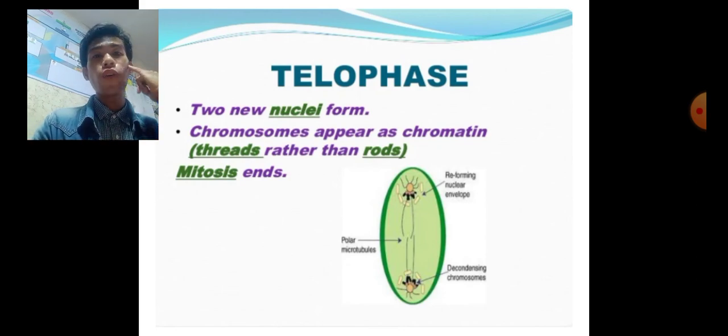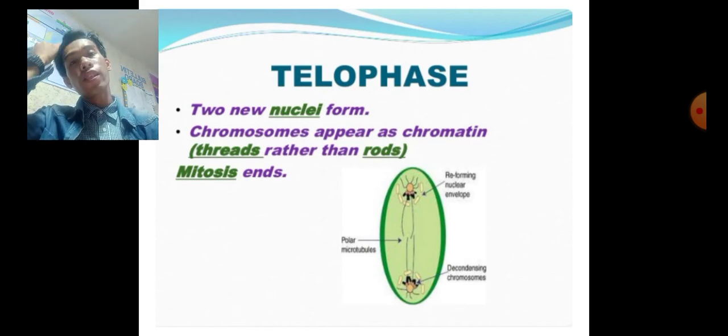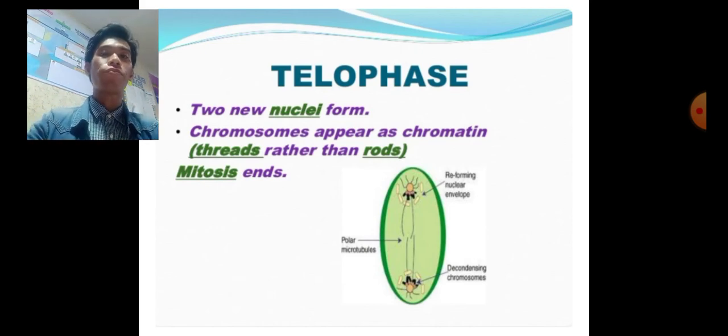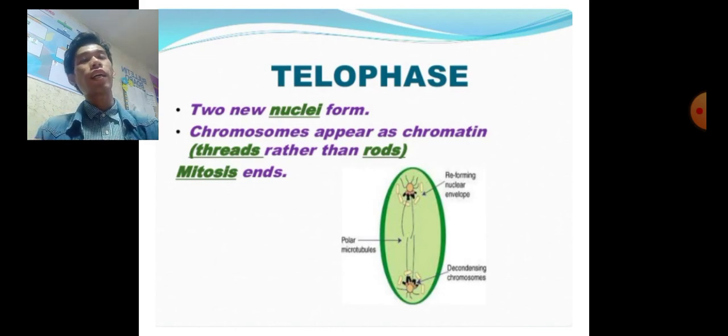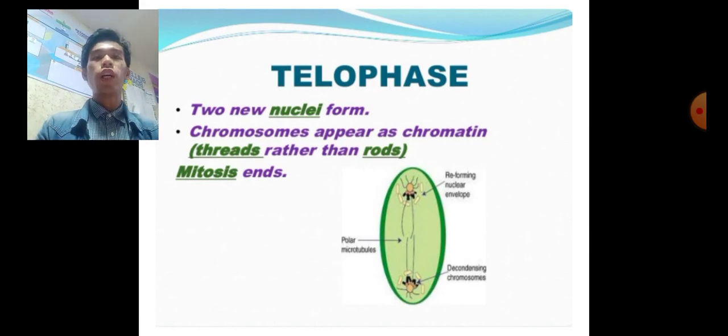These two new nuclei form. Then the chromosomes appear as chromatin or threads rather than rods. So mitosis ends, where the cell separates in order to produce another cell.